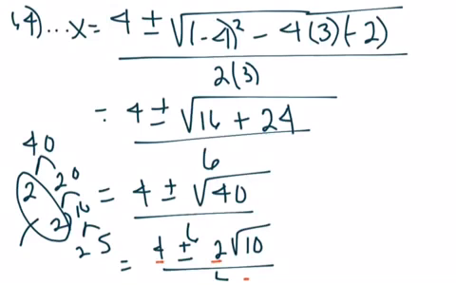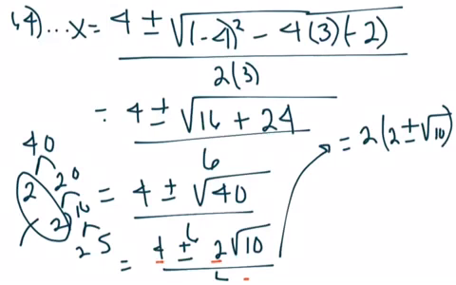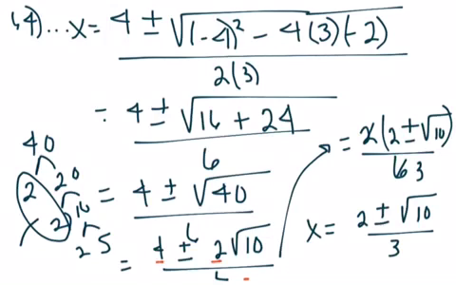So let's take a 2 out of the top. So we'd have 2 times 2 plus or minus the square root of 10 all over 6. Well, the 2 over 6 will reduce to 1/3, so then our final answer is 2 plus or minus the square root of 10 all over 3.